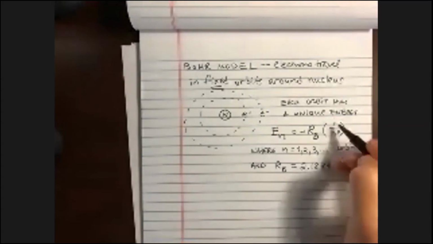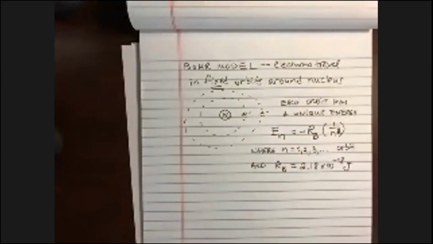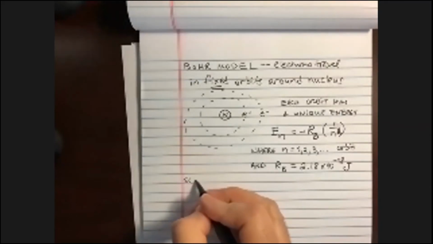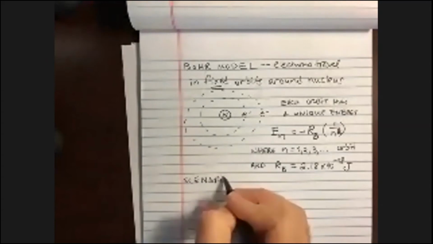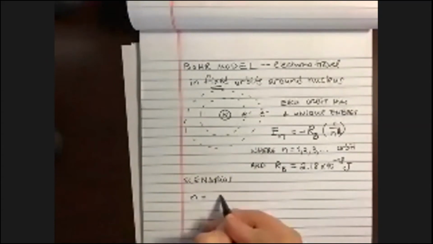So again, by the way, this is n equals 1 over n squared. Okay, that's a 2 in there that I tried to write, but it's very blurry right now. So let's consider some scenarios. Let's consider n being to infinity and beyond.